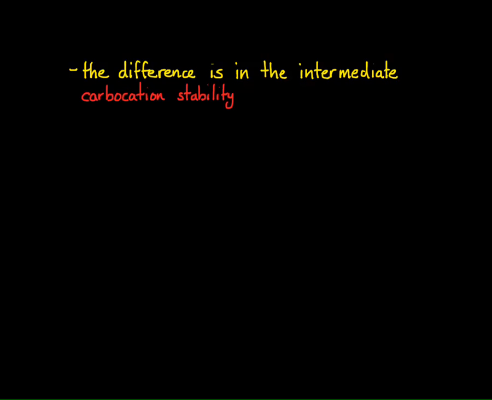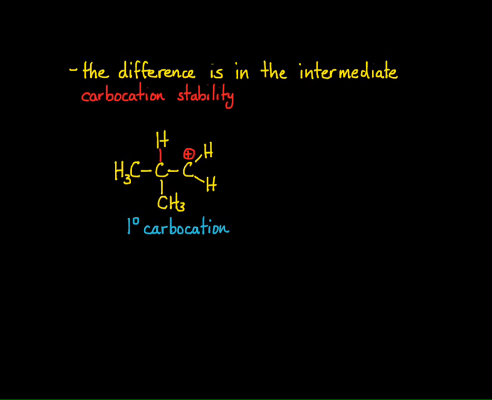And therefore, we have two different intermediates that are possibly forming. The first pathway, that intermediate looks like this. And if you think about the carbocation that is formed right here, this is a primary carbocation because it only has one carbon attached to it.